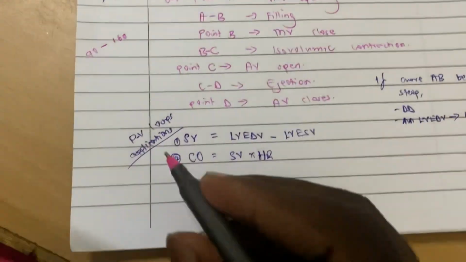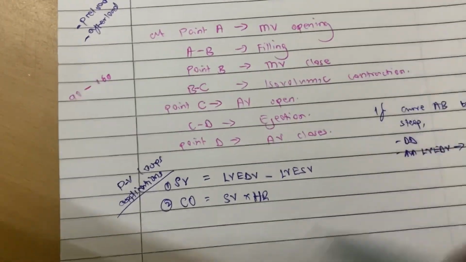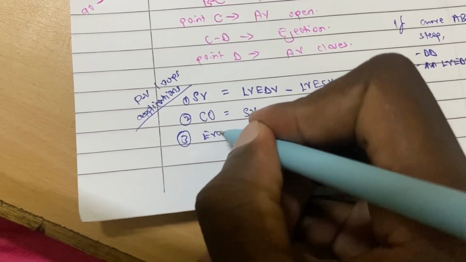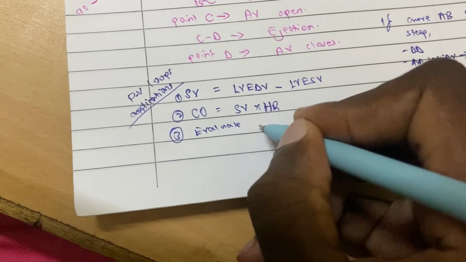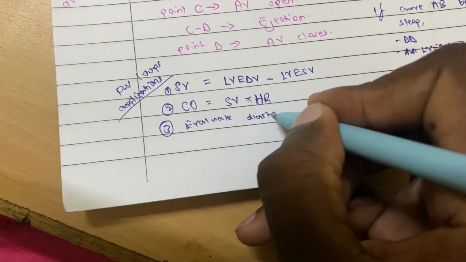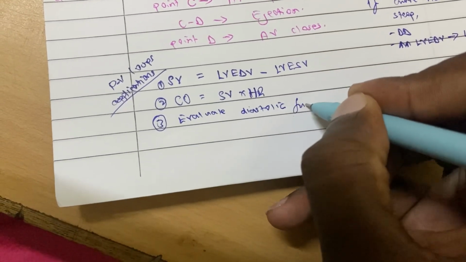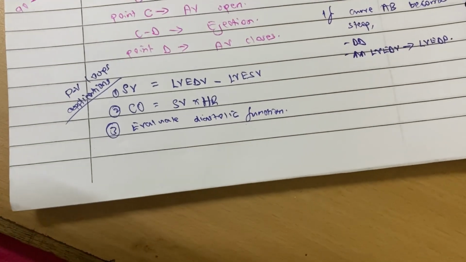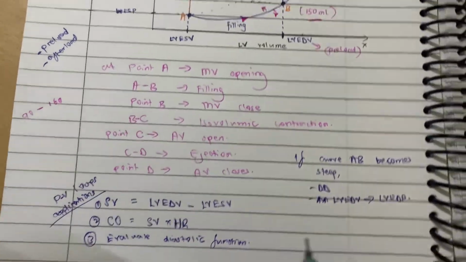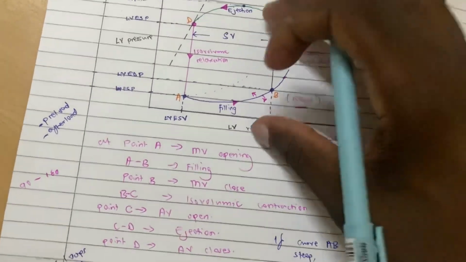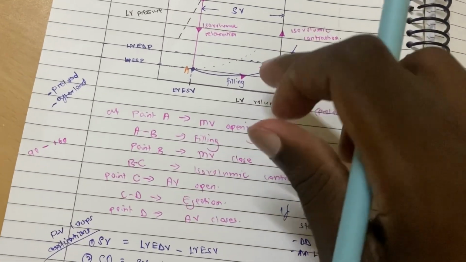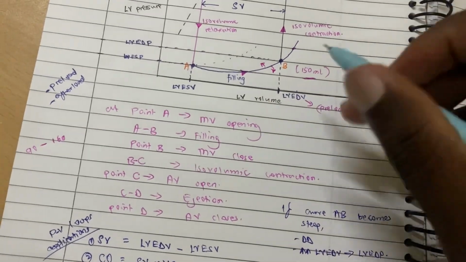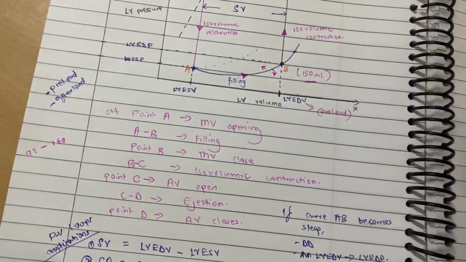So another application of this is to evaluate diastolic function. We evaluate diastolic function using these loop curves, at curve AB.